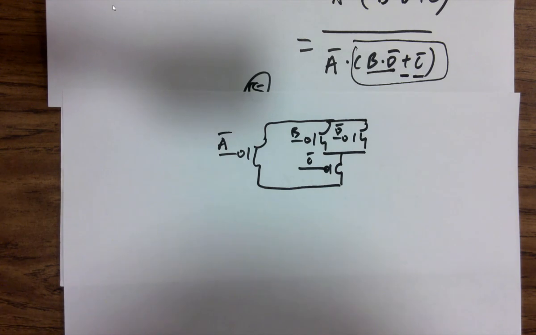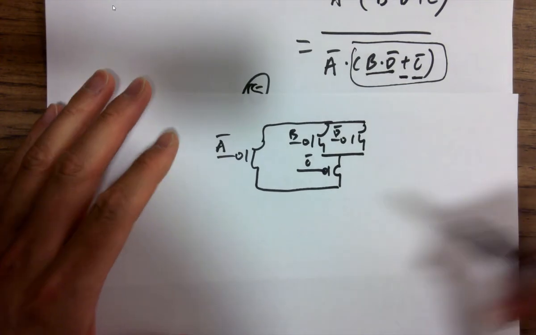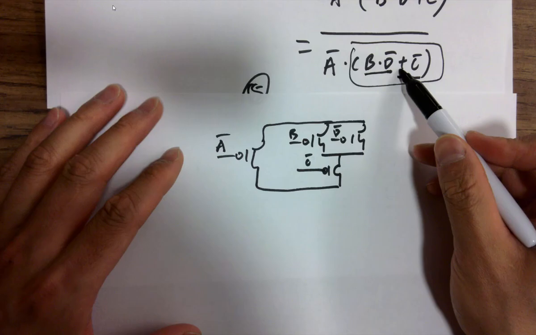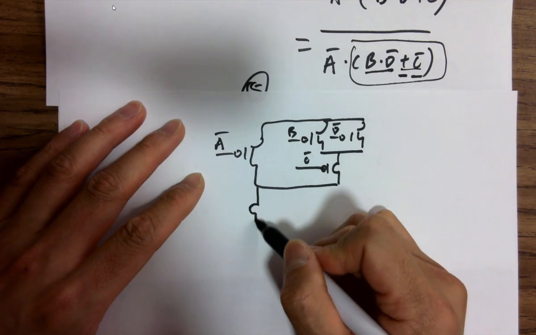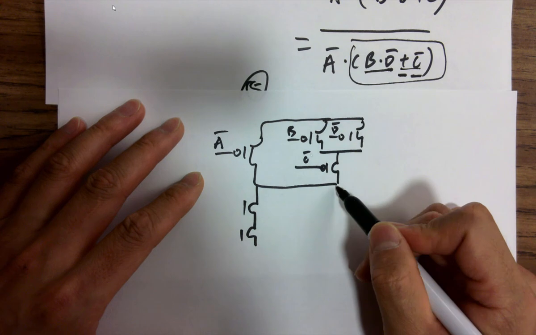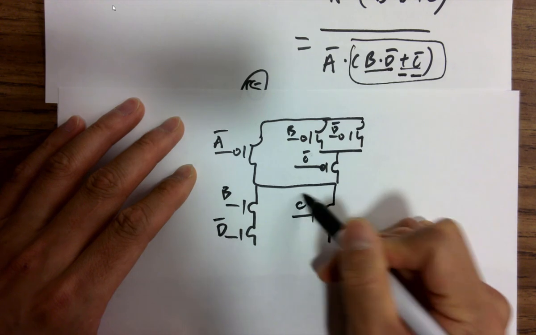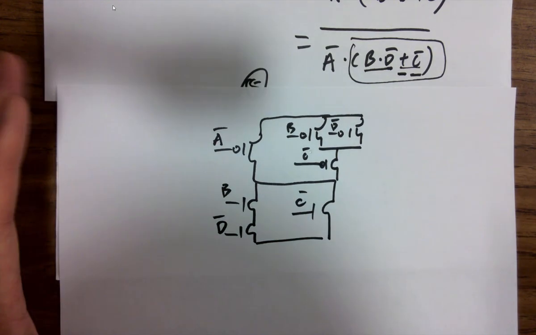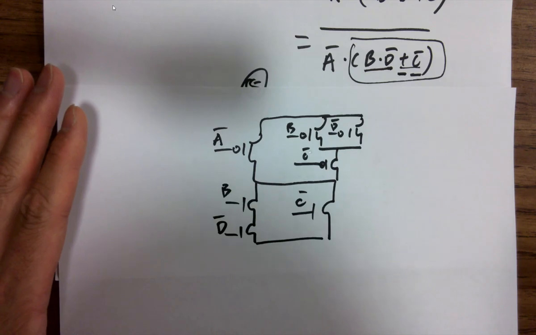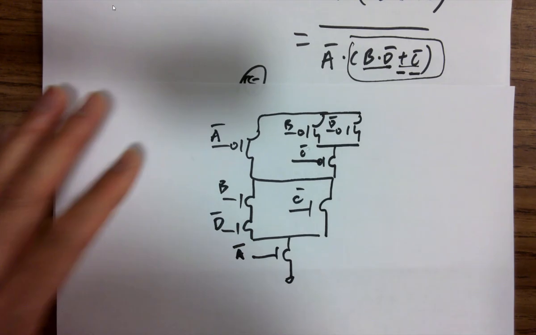Okay, PMOS is done. Then the NMOS part. This will be in series and then in parallel, so it's basically in series and in parallel with this guy, and in series with this guy. And that's it.